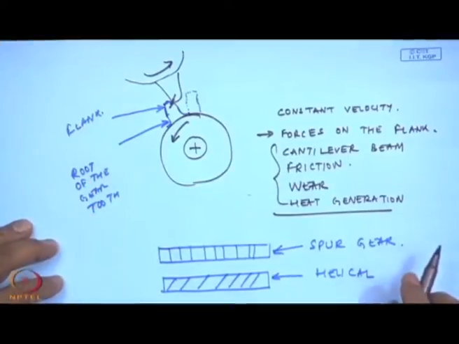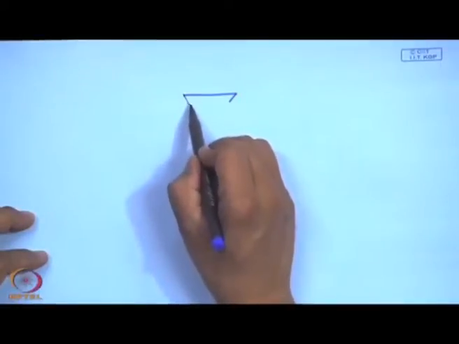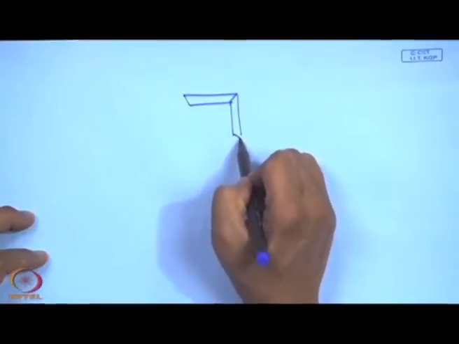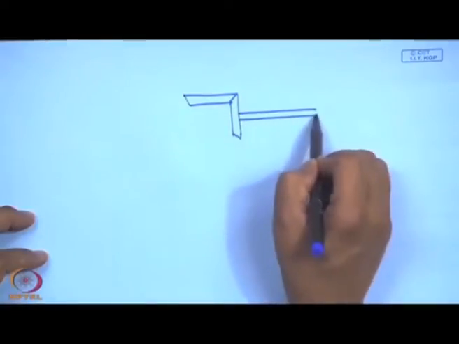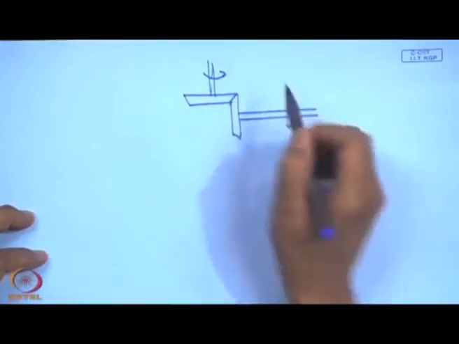But spur and helical gears are used to transmit power in the same direction, but whenever there is a power transmission at 90 degrees, we have what is known as a worm and a bevel mechanism. So, gears look something like this, and this is one shaft here and another shaft which is rotating in this direction.